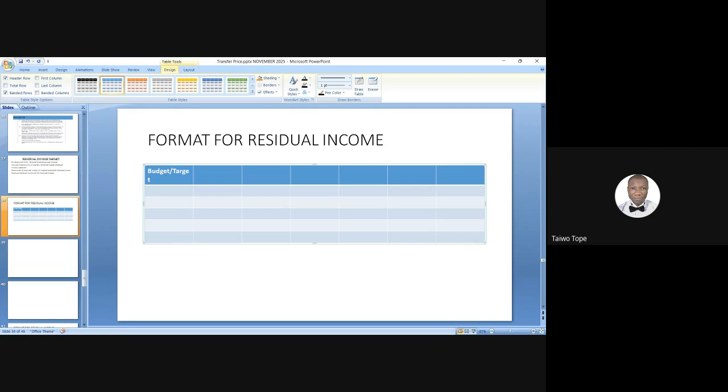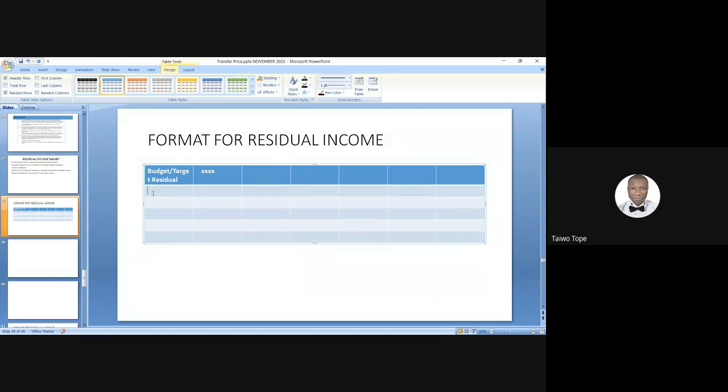It can be budget, stroke target, residual income. You have a value for it. Then when you get your budget, stroke residual income, for you to get your divisional profit, what will you do?